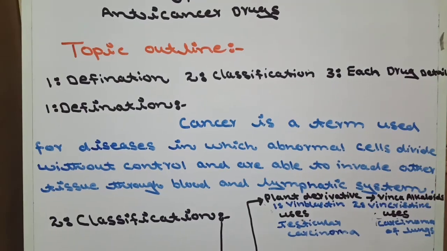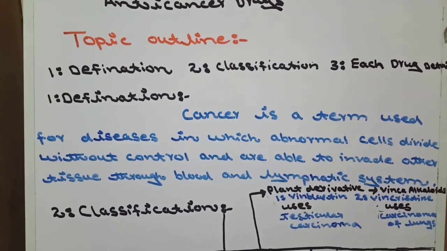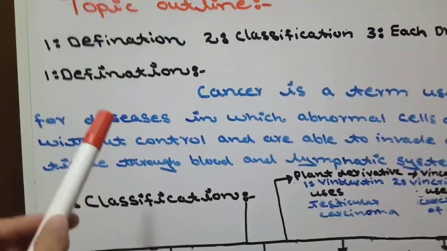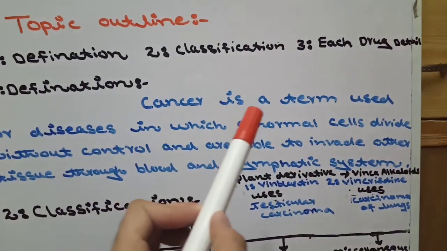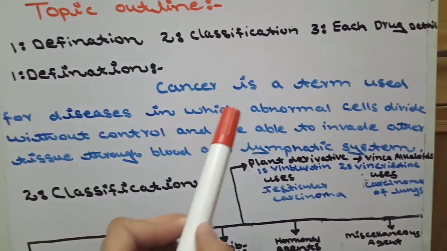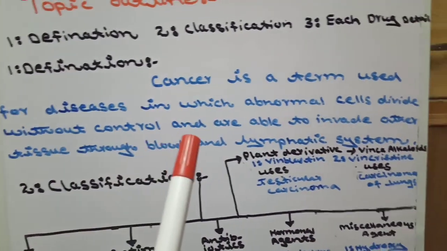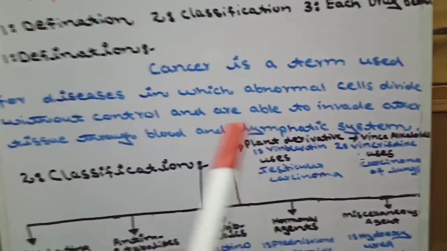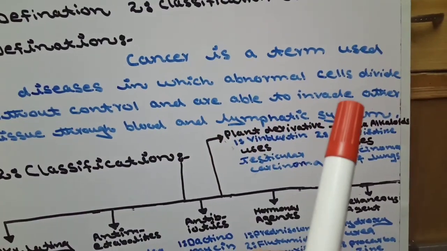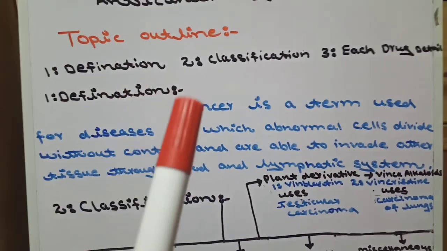The cancer cell has the ability to invade other tissue through the blood and lymphatic system. Now the definition: cancer is a term used for diseases in which abnormal cells divide without control and are able to invade other tissue through the blood and lymphatic system. This is the definition of cancer.